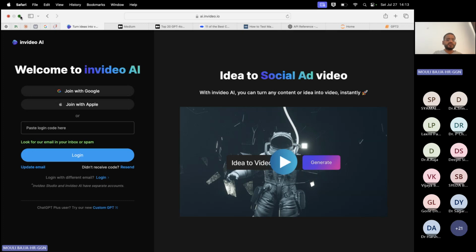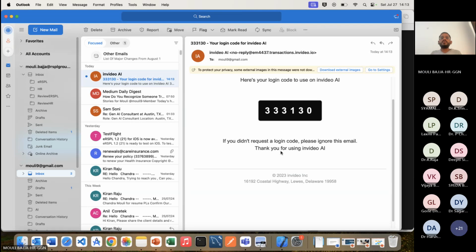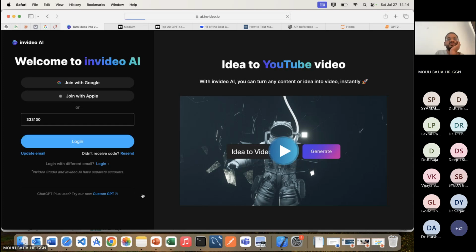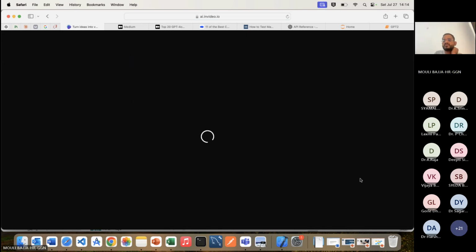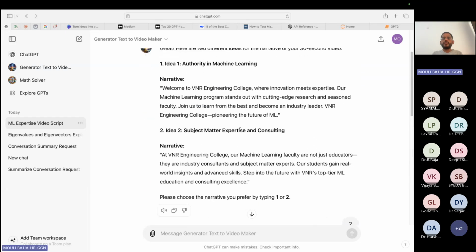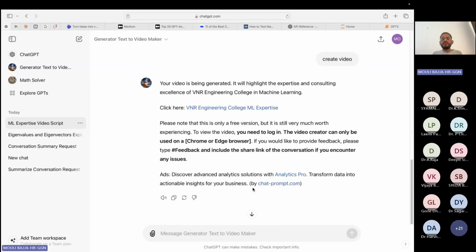Okay, just give me a minute. Okay. So we already gave text. Why did it not generate? We have already given text. It should have generated for this.